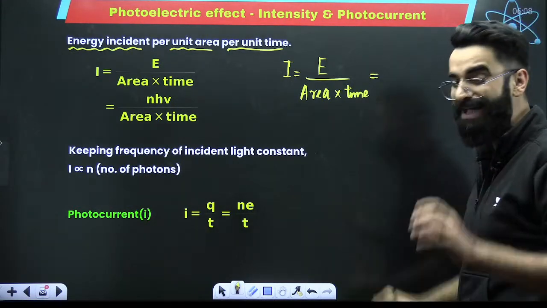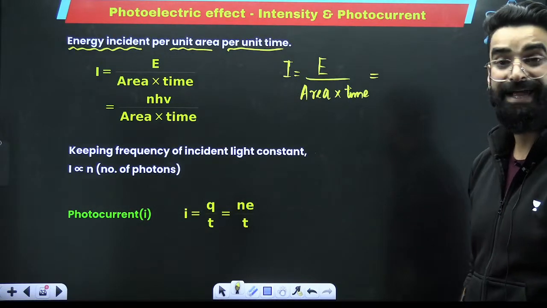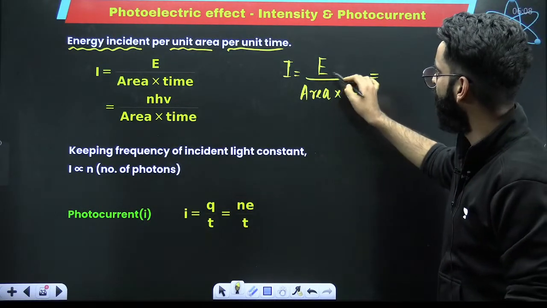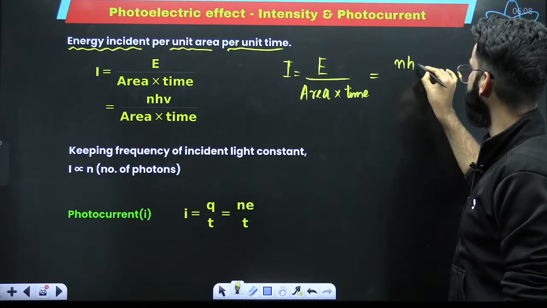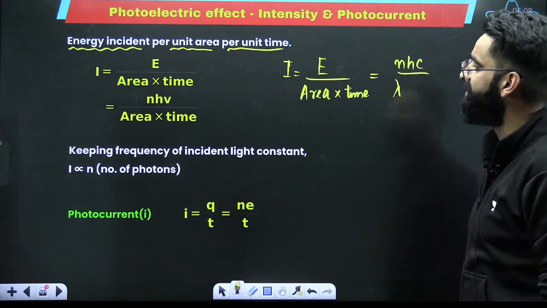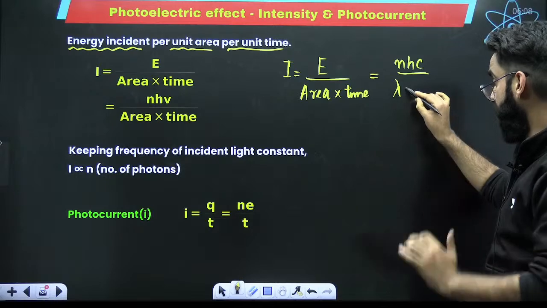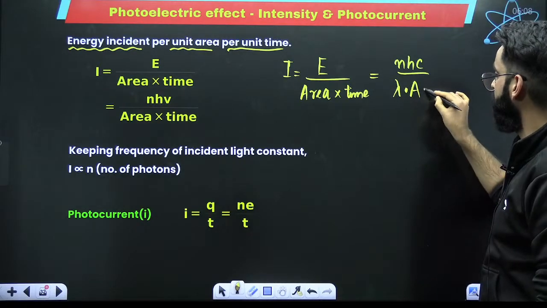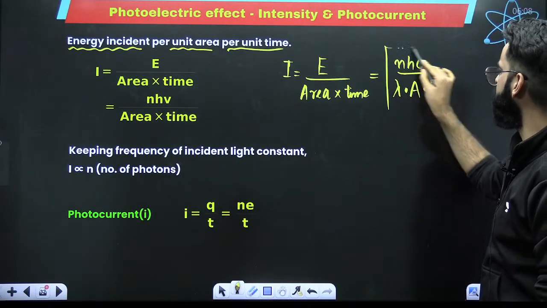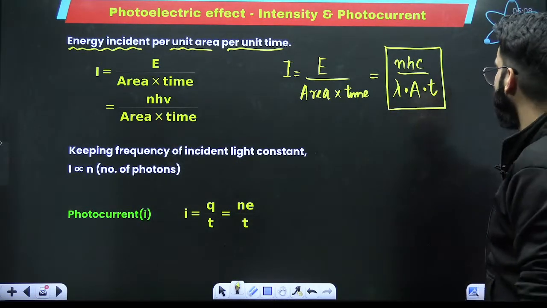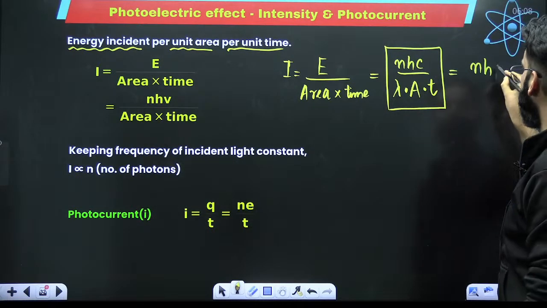Now, imagine that the source is emitting light radiations. So energy which the light radiations will have will be equal to simply n hc divided by lambda, multiplied by what? Multiplied by area of cross section, multiplied by time. So this is the formula by means of which you can calculate intensity, or you can write it in terms of frequency as well. hc divided by lambda is your nu.